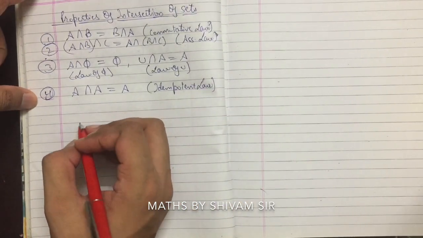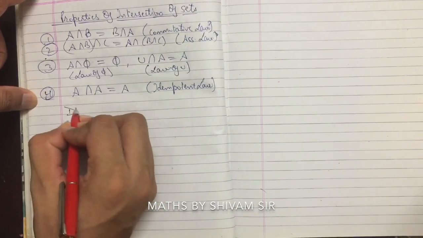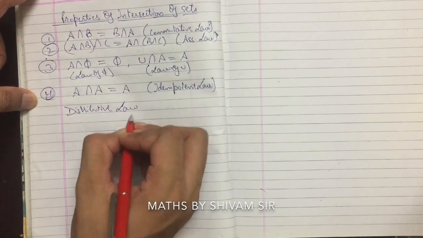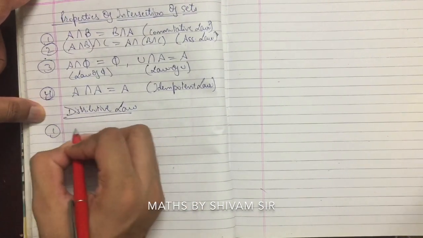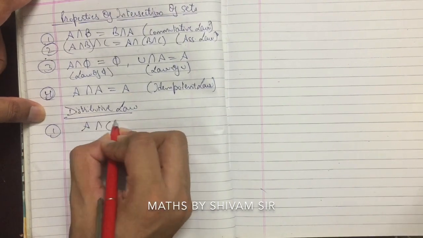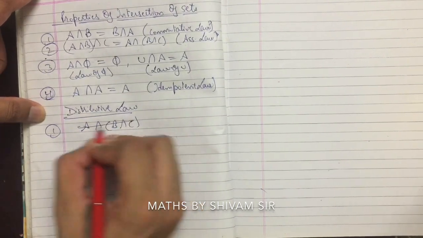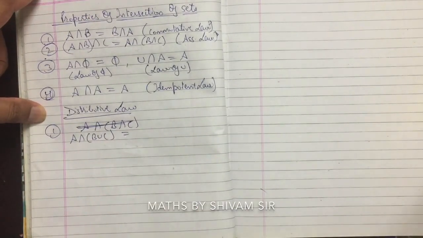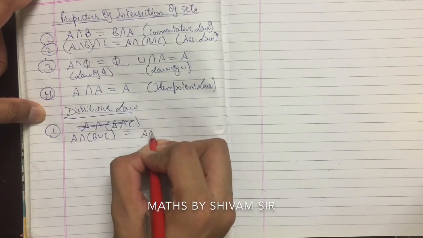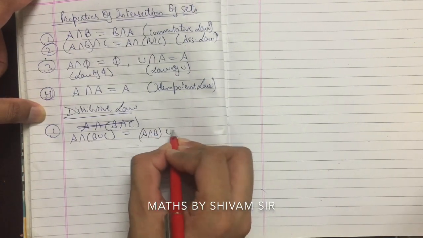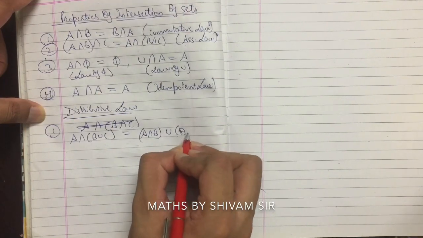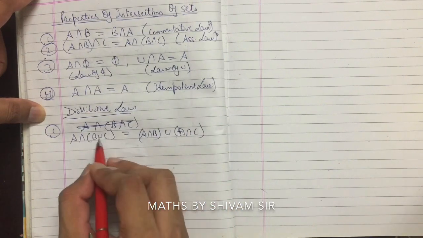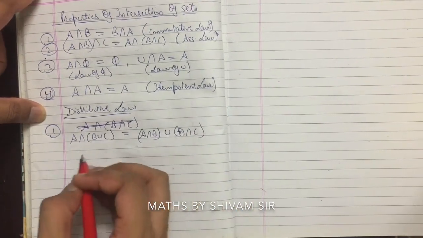Next, distributive law. So this law means, first, A intersection (B union C) will be equal to (A intersection B) union (A intersection C), same like multiplication.